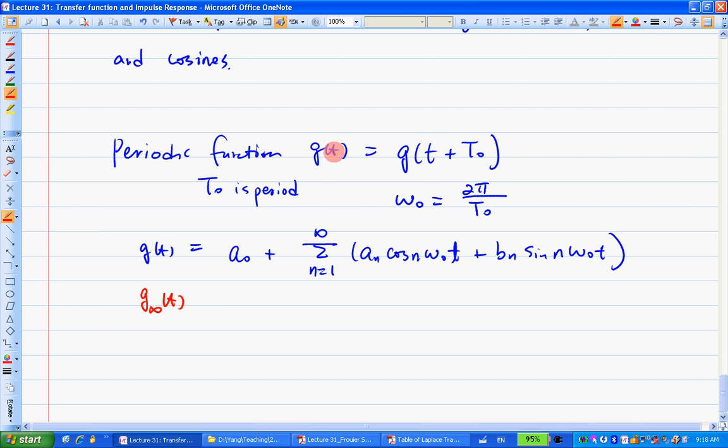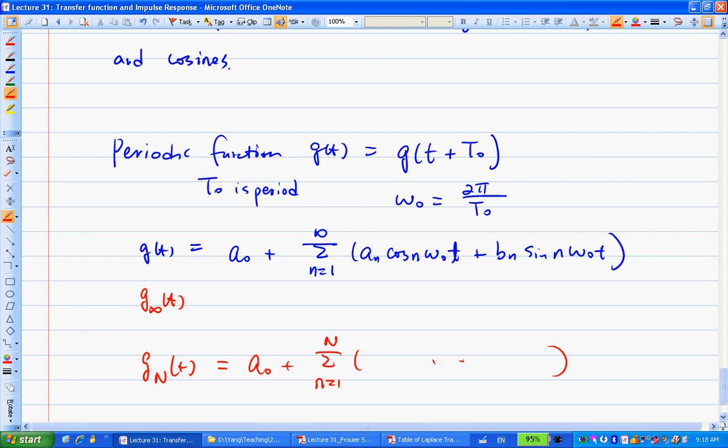But if you need a rough approximation, then instead of using infinity here, you can use a capital N. Basically, how many terms do I want to use to approximate the original g of t? Could be 3, could be 4. All you need is to change that infinity to N, and nothing else changes. So that's the Fourier series.